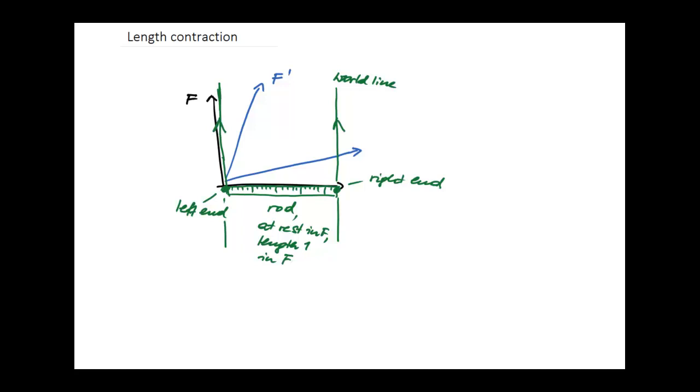You measure simultaneously the position of the left end and the right end, and then you look at the distance between the two, the difference between the two.